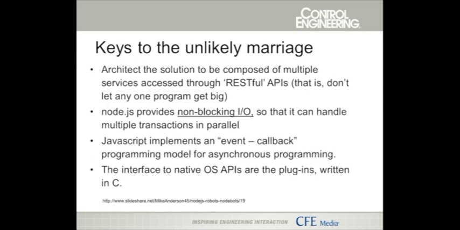The non-blocking I/O means that you can have multiple transactions in parallel, and because the I/O doesn't block, you can use the model in JavaScript that it's actually very well suited for, which is you have an event in JavaScript, and when it's done, you call it back. This is what keeps your web forms from locking up when you program. And so that kind of asynchronous programming is actually exactly what we need when we're talking about devices.